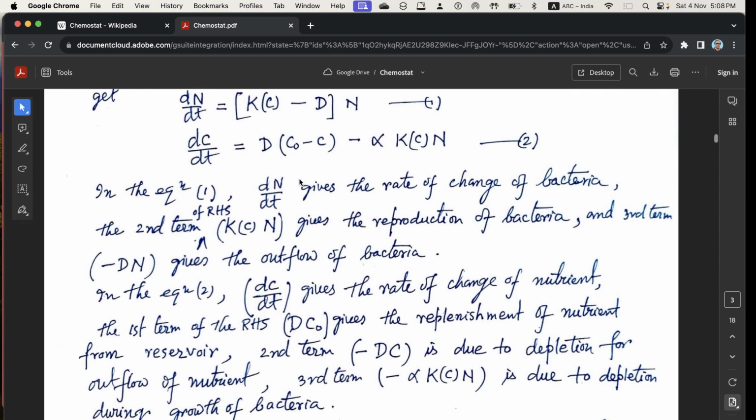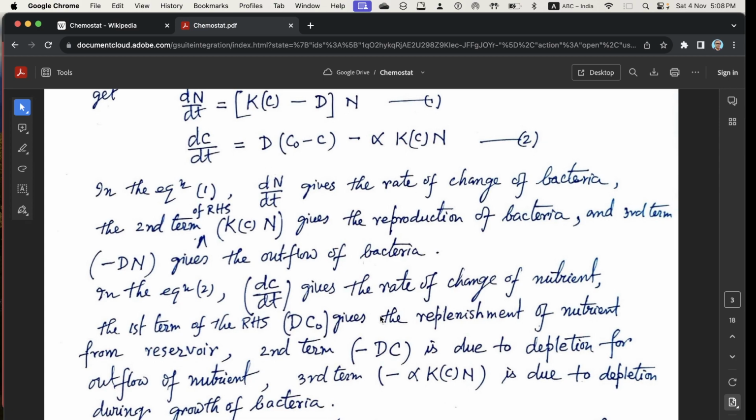In the second equation, equation 2, dC/dt gives the rate of change of nutrient, and the first term on the right hand side, that is DC0, gives the replenishment of nutrient from the reservoir, and the second term, minus DC, is due to depletion by outflow of nutrient, and the third term, minus alpha KN, is due to depletion during the growth of bacteria.